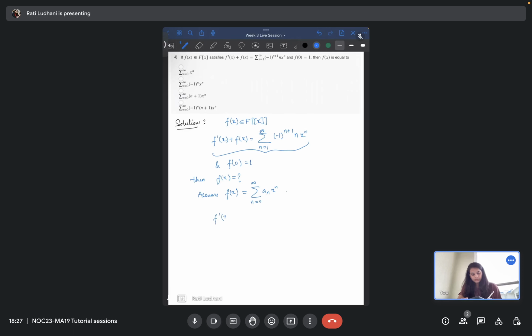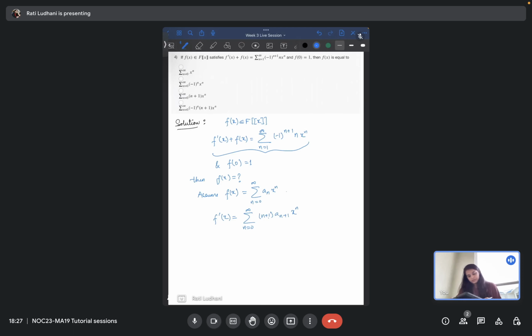Then as we did earlier, f'(x) should be summation (n+1) a_(n+1) x^n. Is that correct? We can check. If you put n to be 0, you will get a1, right? This is okay.